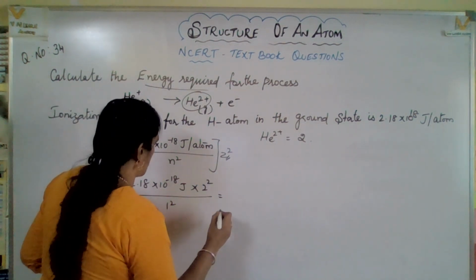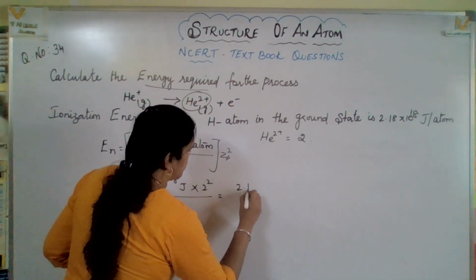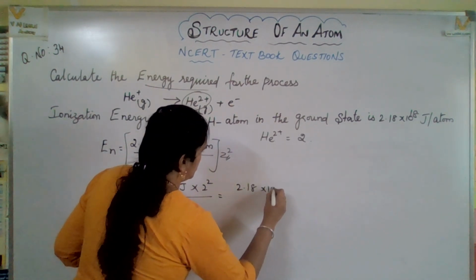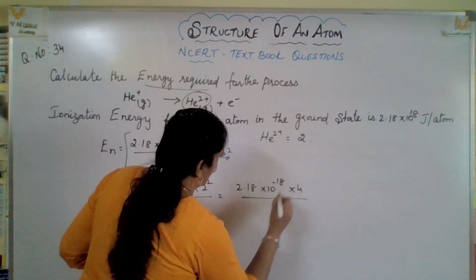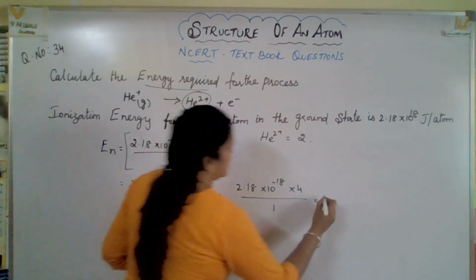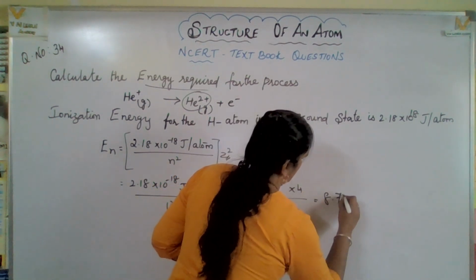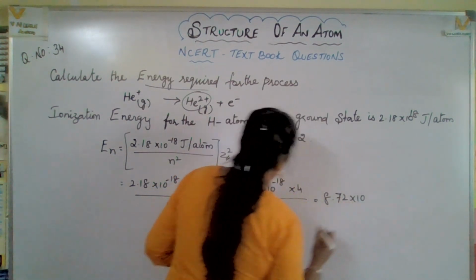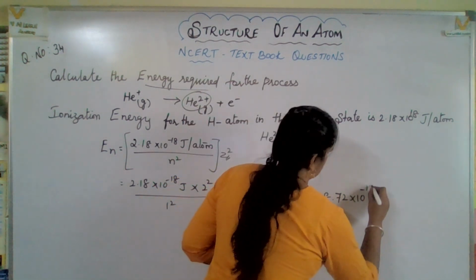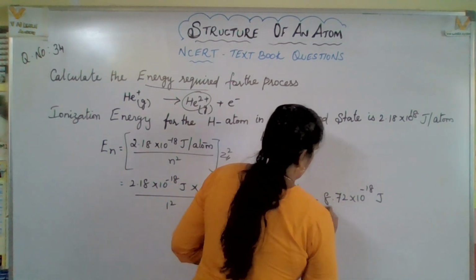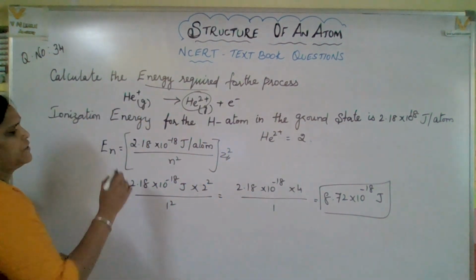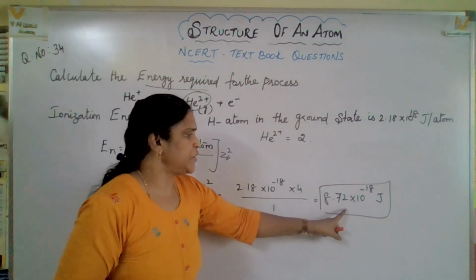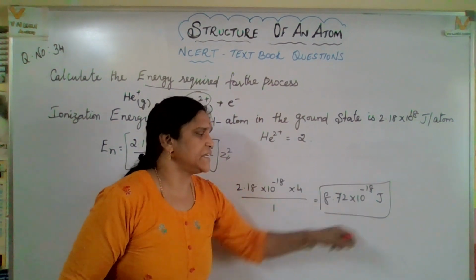So you will get 2.18 into 10 to the power of minus 18 into 4 divided by 1. So you will get 8.72 into 10 to the power of minus 18 joule. The energy required to do the process is 8.72 into 10 to the power of minus 18 joule.